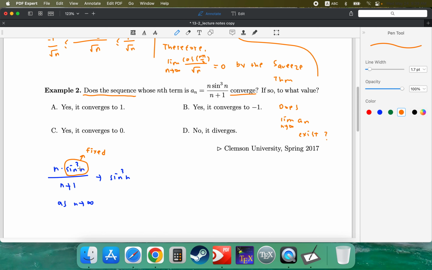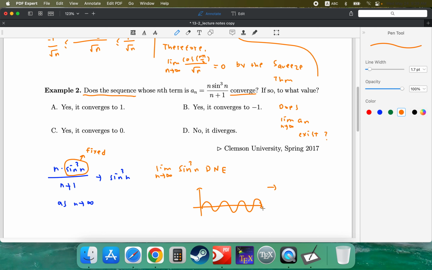Okay, now of course this is not fixed yet because n is changing, but we know the limit of sine cube as n goes to infinity does not exist. What's this? The limit does not exist, right? Because this is the graph of the sine function.